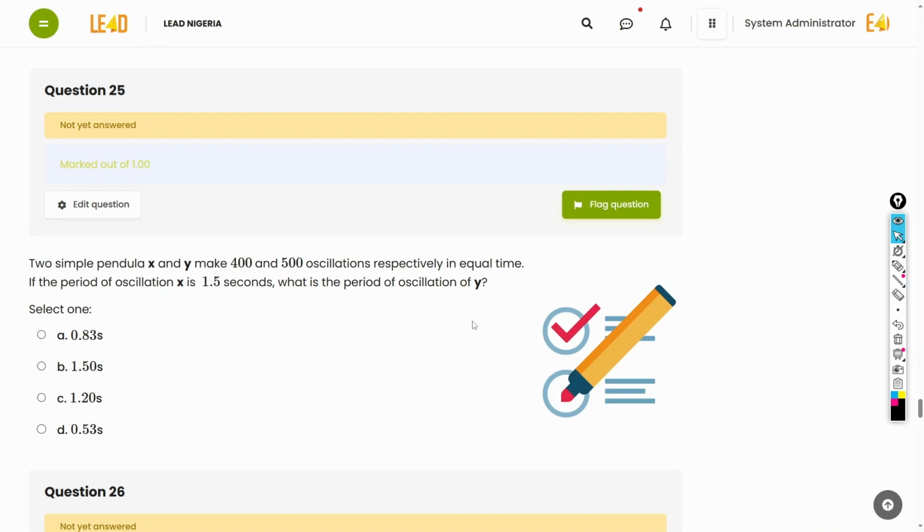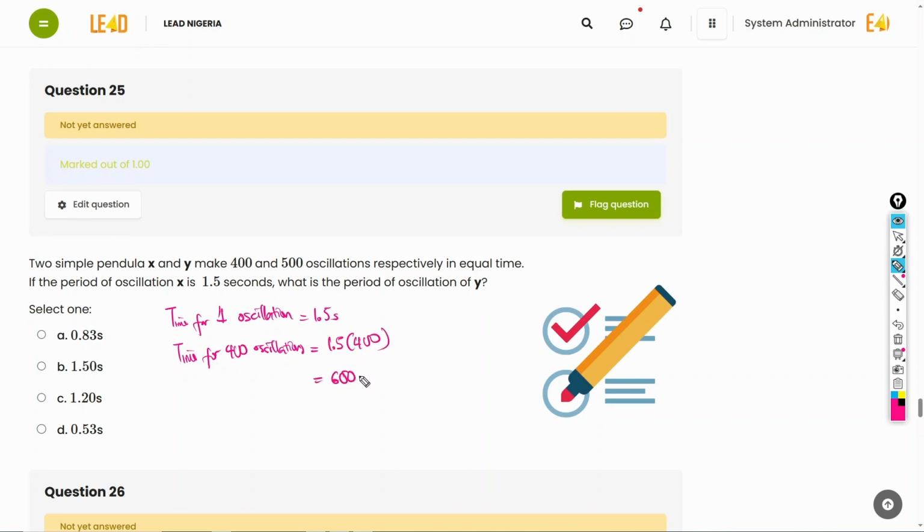So let's find out how long X used, since they both used equal time, and we will apply the same time to Y. The period is the time for one oscillation, which is 1.5 seconds. So the time for 400 oscillations will be 1.5 times 400, which is 600 seconds.